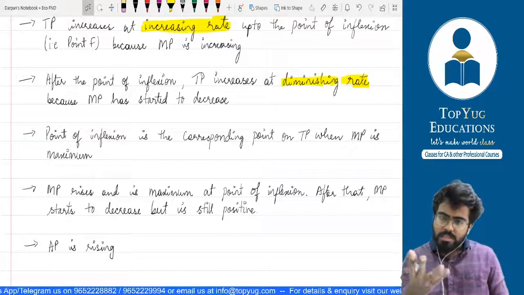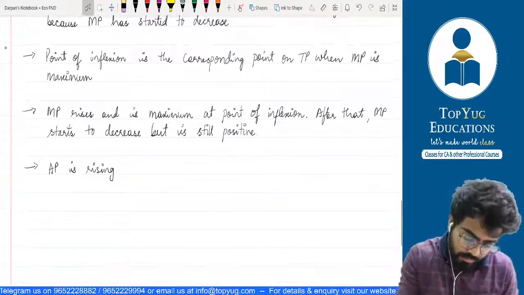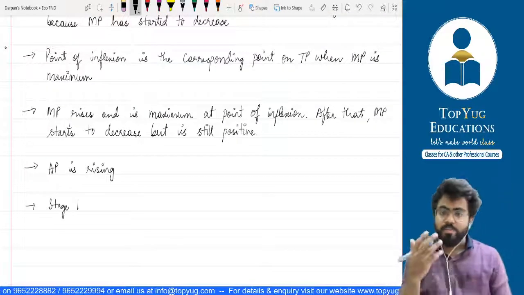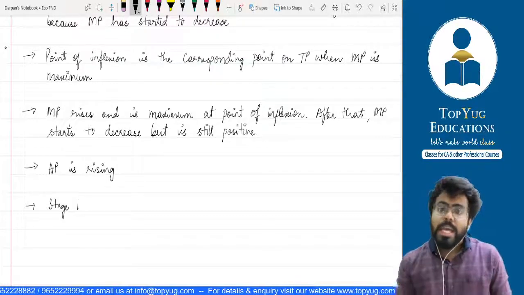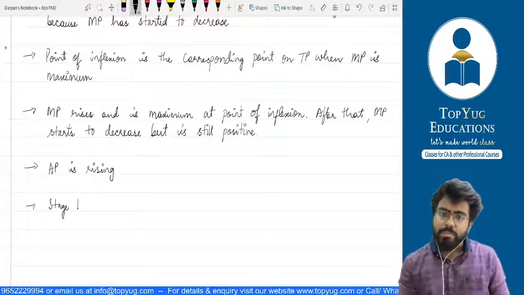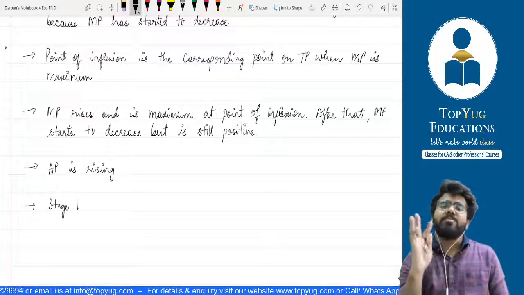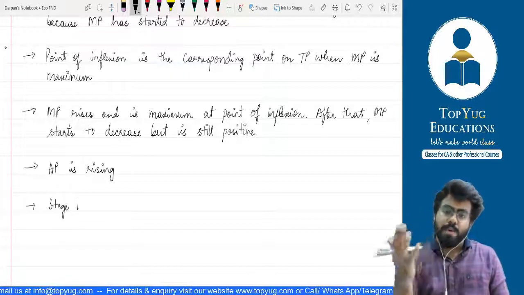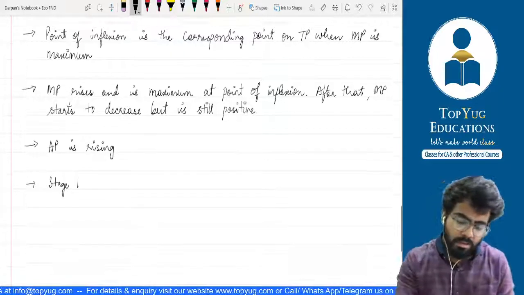Now write down when does this stage end actually? When is stage 1 ending? Stage 1, as I told you, is ending when AP and MP are meeting. And when do AP and MP meet? When AP is at its maximum. Correct? When AP is at maximum, that is the point when AP and MP are meeting.